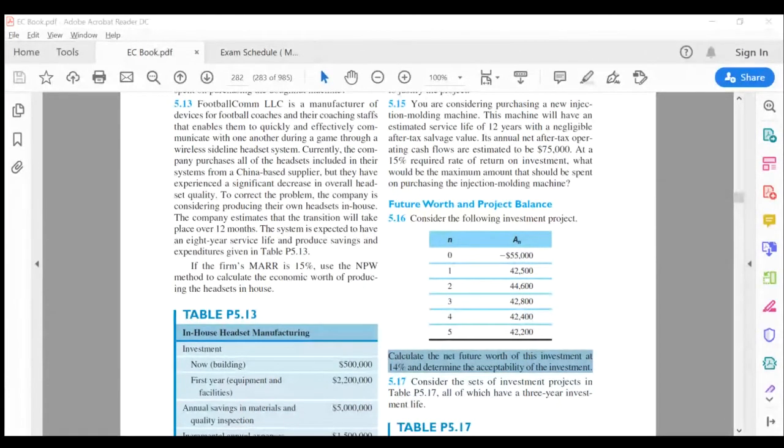Now, how do we calculate a net future worth of the project? We have our same formula which we used before as well. We are going to use the same for this question as well.